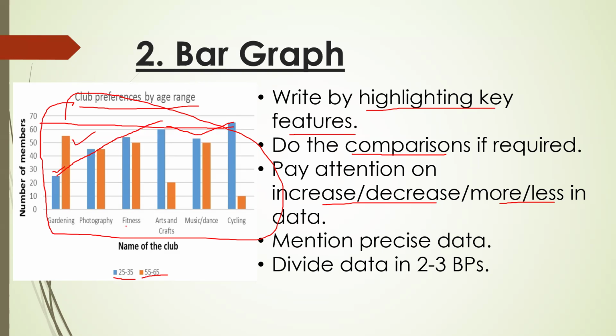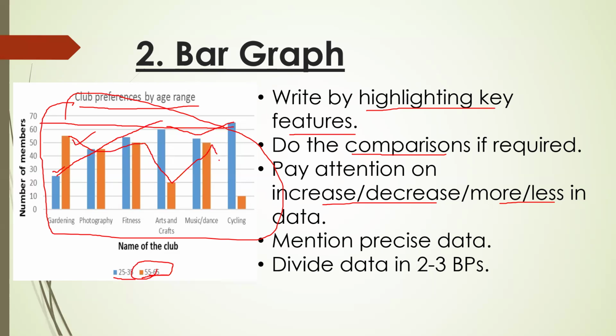In contrast, for the second age group, that is 55 to 65, you can say that this is showing ups and downs, right? So first of all, it was near about 55, then it decreased to 45, again it increased, right? After a downfall to 20, it showed a sudden increase to 50, right?